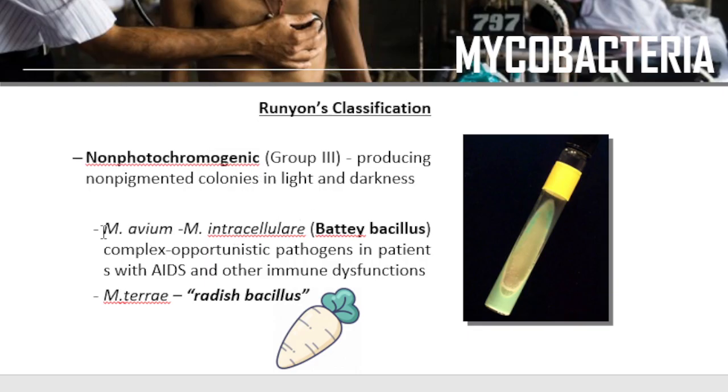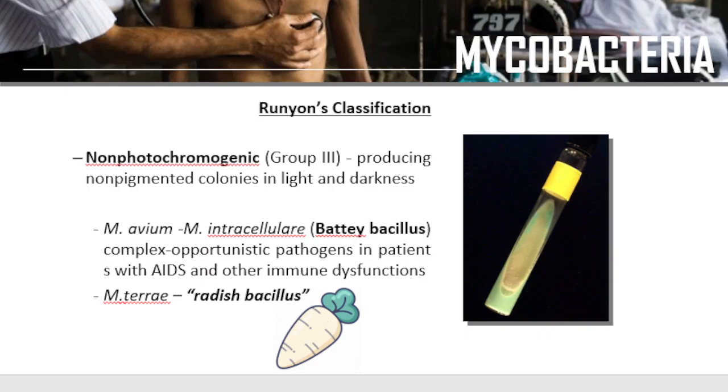Examples of non-photochromogenic mycobacteria are Mycobacterium avium and Mycobacterium intracellulare. Mycobacterium avium and Mycobacterium intracellulare are part of the Mycobacterium avium complex, or the MAC. These are known as the battery bacillus.